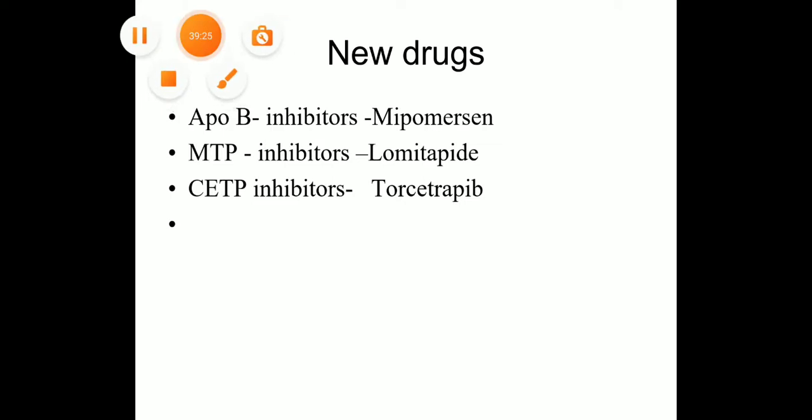So these are a few newer drugs which are being used nowadays in clinical practice. Among these are lipoprotein inhibitors, an ApoB inhibitor, obviously not used as a first line drug. The MTP inhibitor is lomitapide, and the CETP inhibitor, that is cholesterol ester transfer protein inhibitor, is torcetrapib.